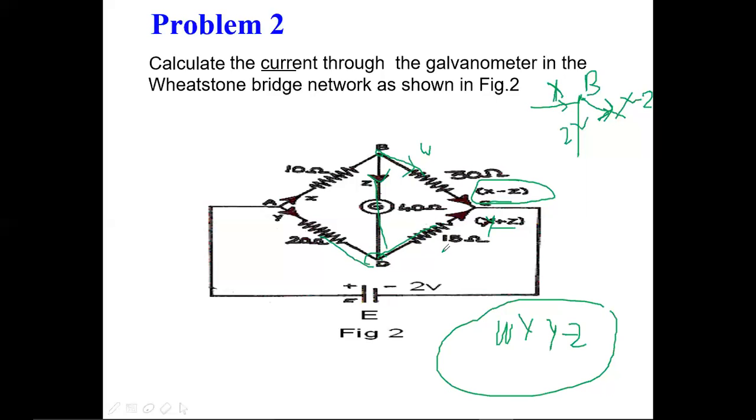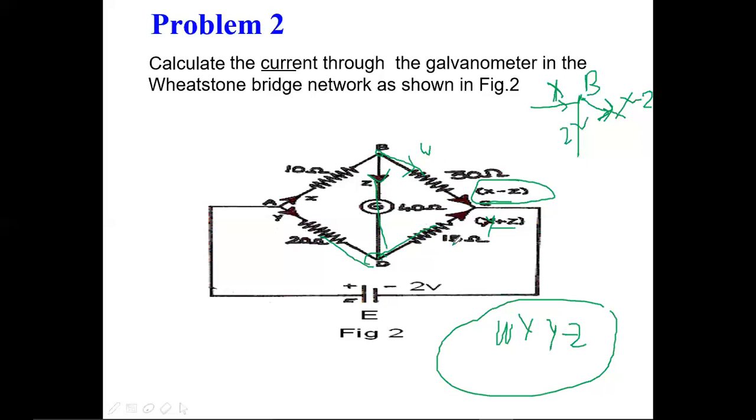So you should be very clear about the assumption of your currents, meaning the unknown values of currents. Then only can you write the loop equation clearly.